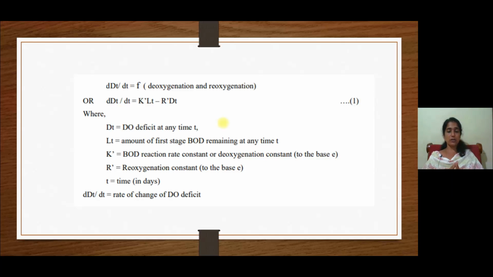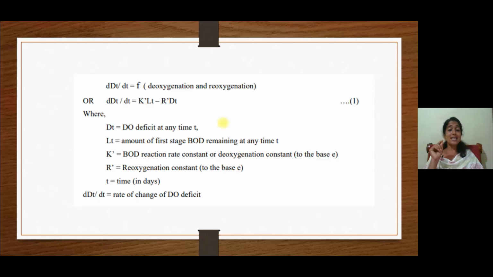Dt is the dissolved oxygen deficit, and Lt is the amount of first stage BOD remaining at any time t, and K dash is the BOD reaction rate constant or deoxygenation constant. It is generally expressed as Kd, and R dash is the reoxygenation constant.